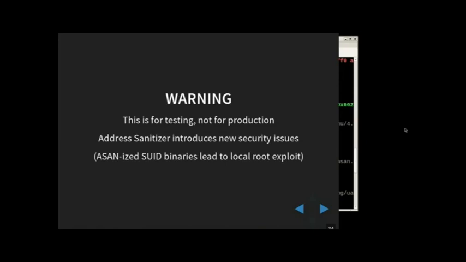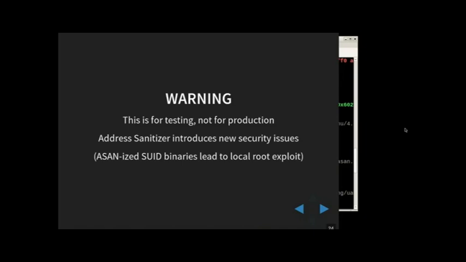In past talks I had about this, I said, okay, maybe this is something you may want to use if you want to have a very secure system, but this is probably not a good idea because Address Sanitizer was designed as a testing tool and not as a production tool, and this introduces some problems.